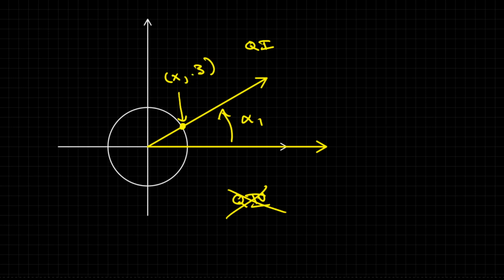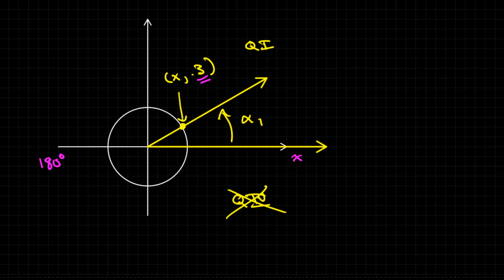Now if you find another angle between 0 and 180 degrees, so between the positive x-axis and the negative x-axis, that when it intersects the unit circle has the same y-coordinate, then sine of that angle will also be 0.3.